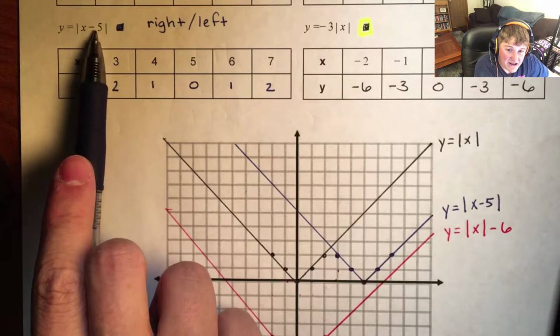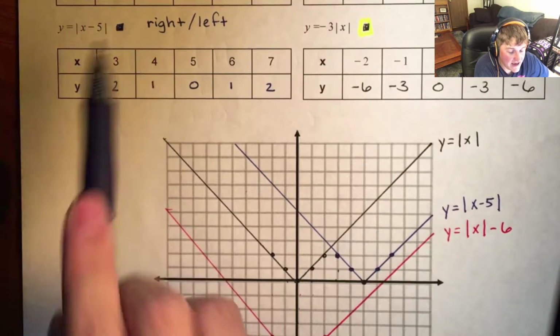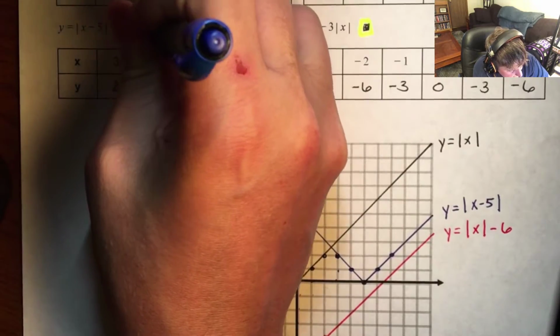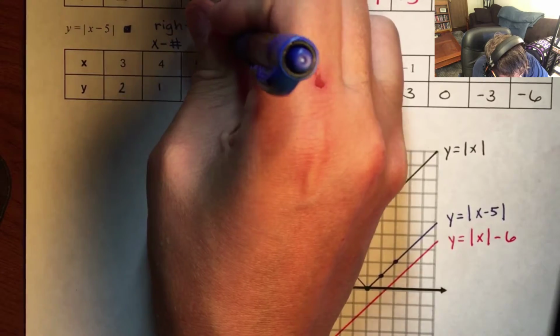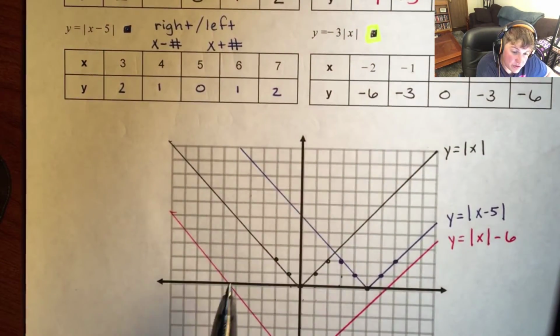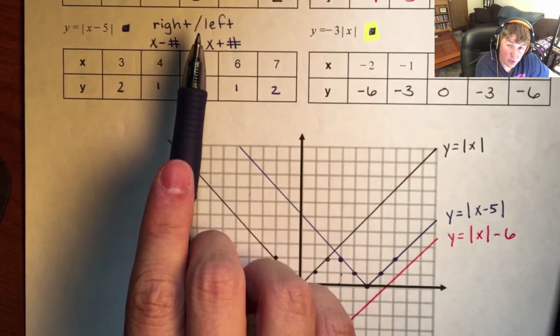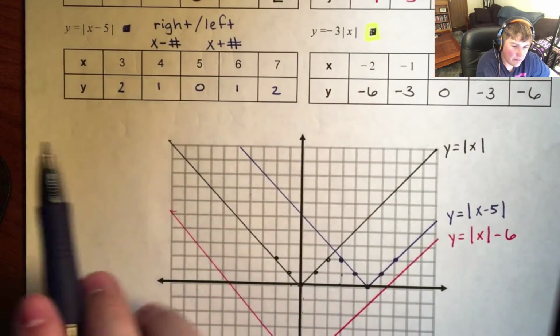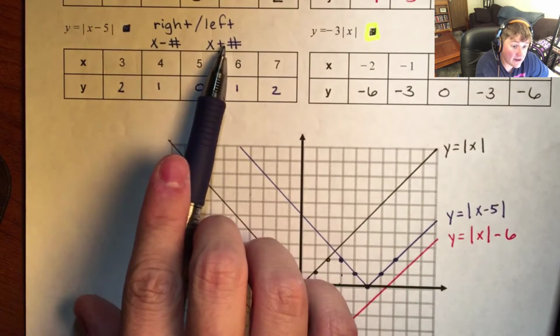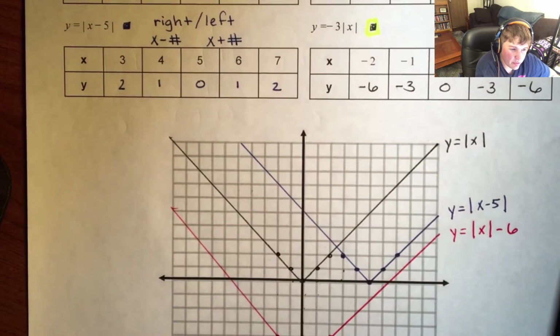Whenever it says x minus a number, that's actually going to shift it off to the right. And when it's x plus a number, okay, it's going to actually move it to the left. And this is opposite of what you would probably intuitively think it would be.